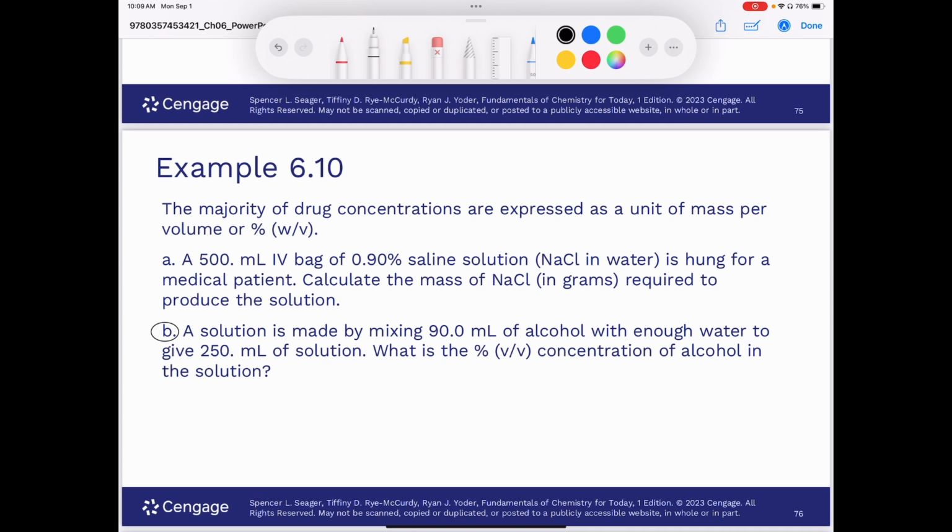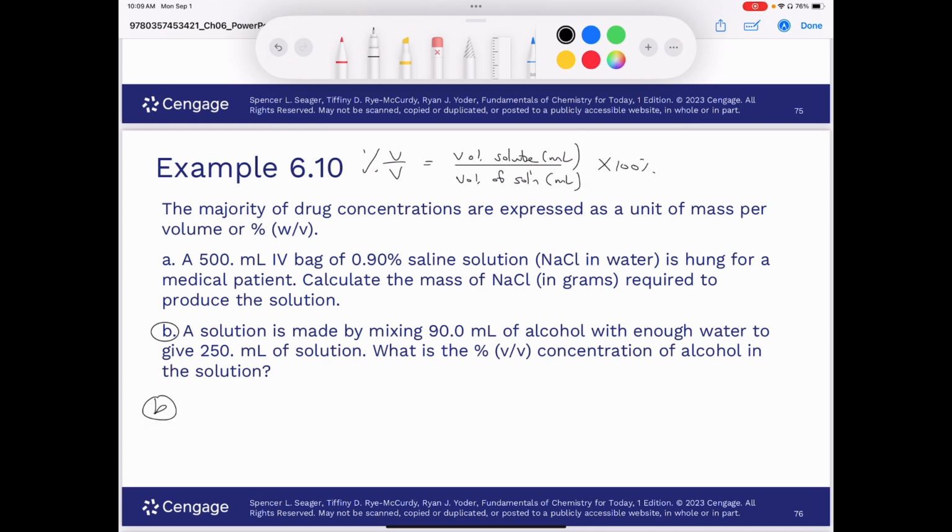Okay, question B. A solution is made by mixing 90 mL of alcohol with enough water to give 250 mL of solution. What's the percent volume over volume concentration of alcohol in the solution? So our percent volume over volume is going to be equal to the volume of solute in milliliters divided by the volume of solution in milliliters, and we're going to multiply all that by 100%.